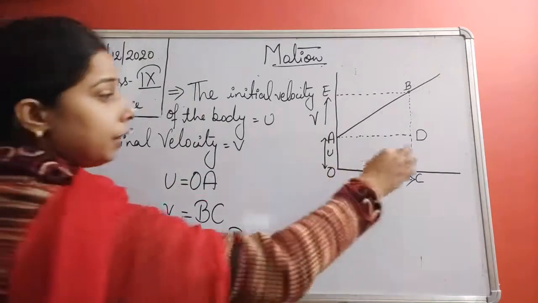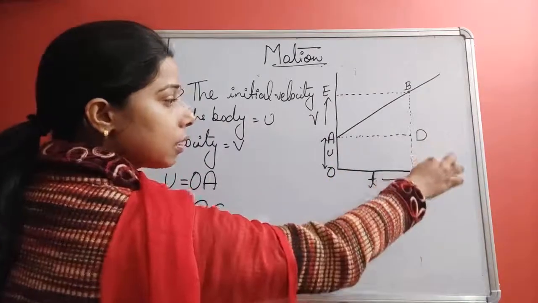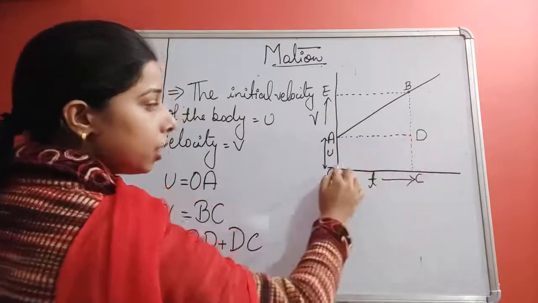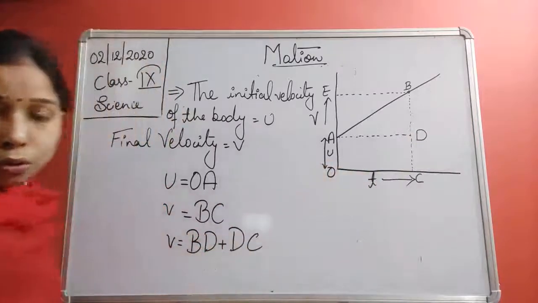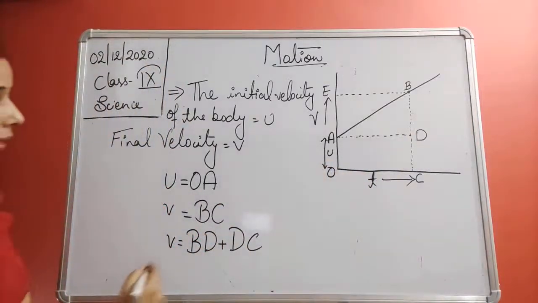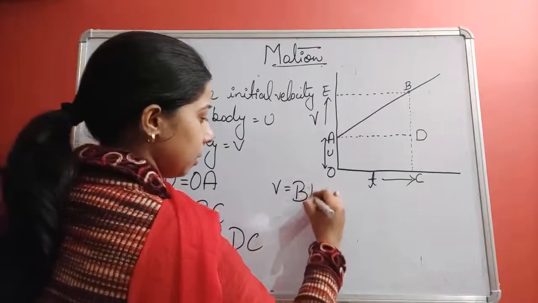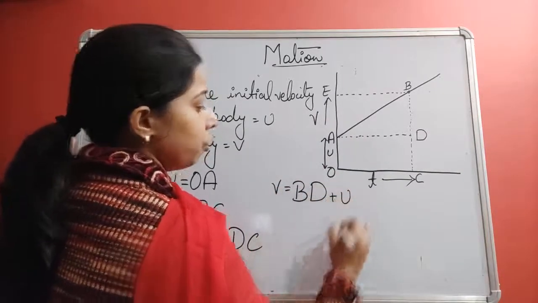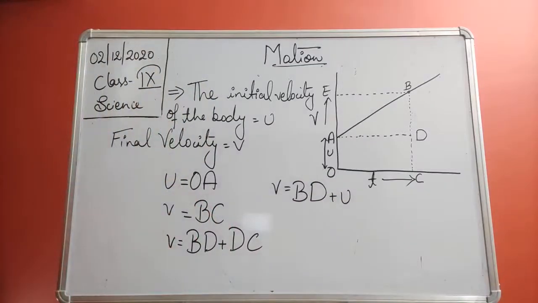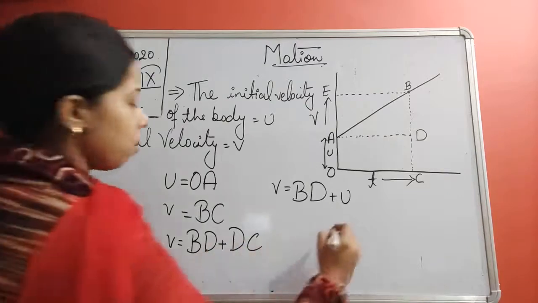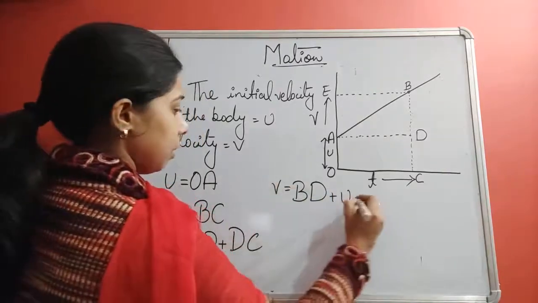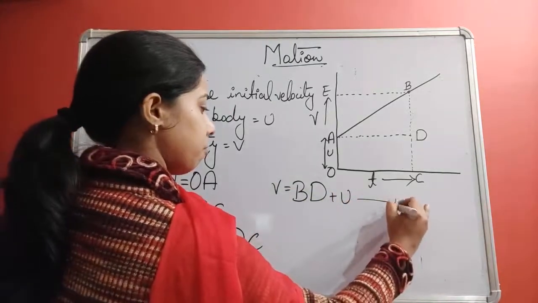Now this DC or CD, you can see, is equal to u. So we can also write v equals BD plus u. So this is equation first.